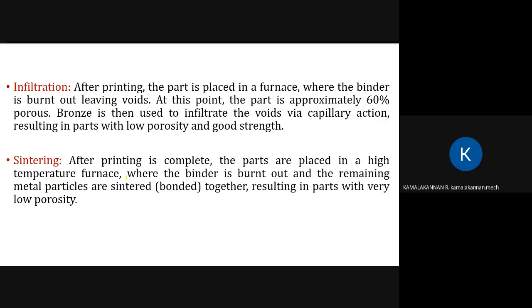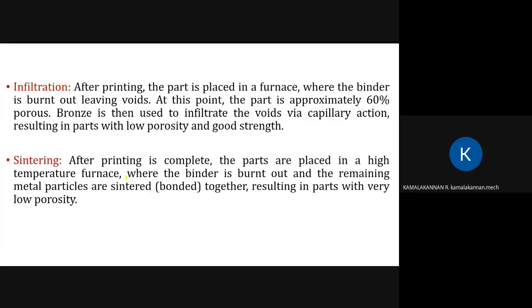The binder is the weakest part of the whole product. To remove the binder, we place it in a furnace. Once you place it in a furnace, the binder will evaporate and only the material will remain.